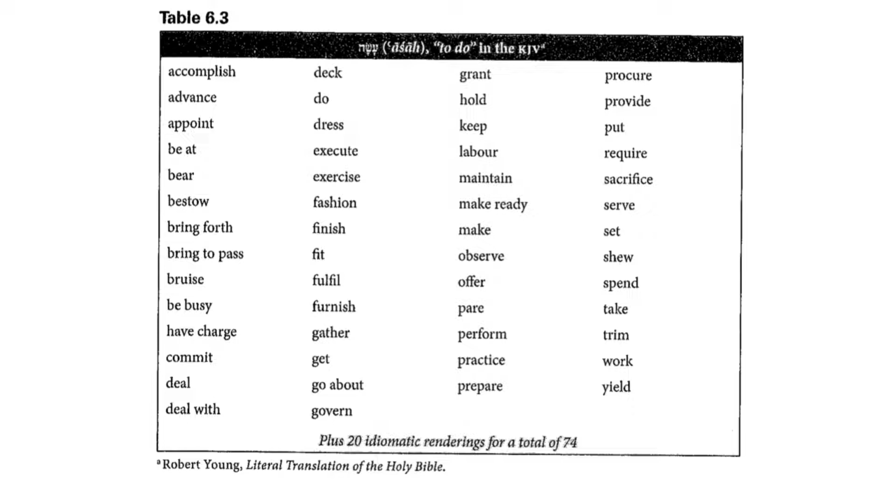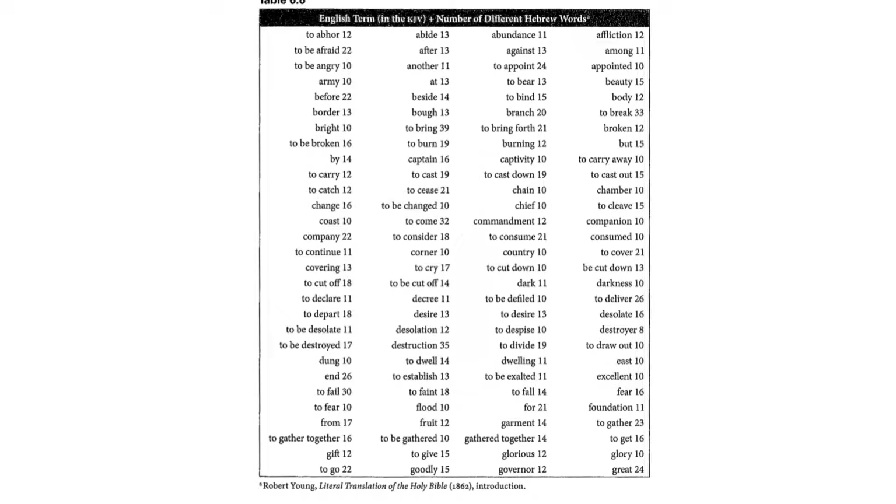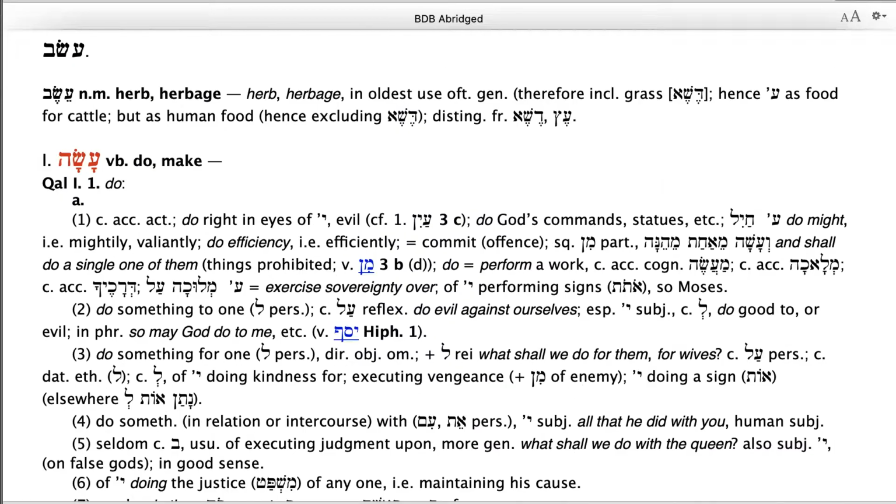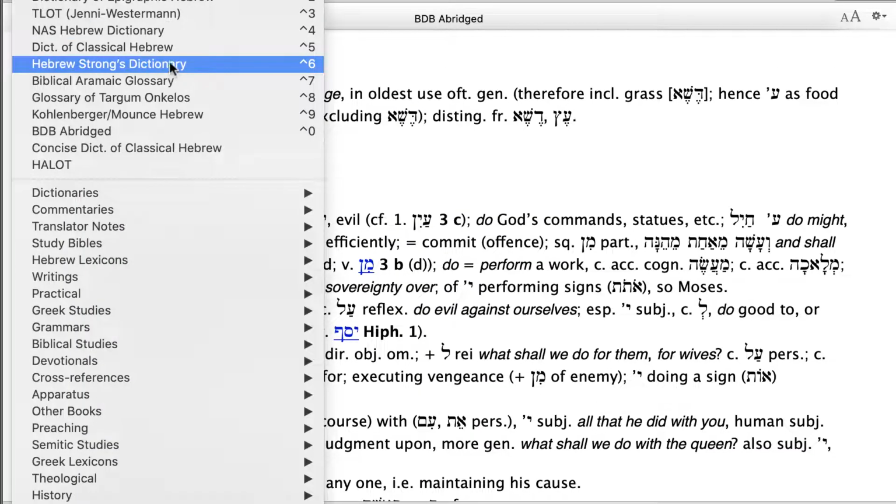They're really interesting charts. And also that there are terms in the English Bible that actually reflect a variety of different Hebrew terms. So if you have the word dark in your English Bible, it could be 11 different Hebrew terms. Desolation, 12. Destruction, maybe not surprising, 35. Does it surprise you to know that there are at least 35 different Hebrew words for destruction? Not me. But in newer dictionaries, the one that I always use that is my favorite is the Dictionary of Classical Hebrew.